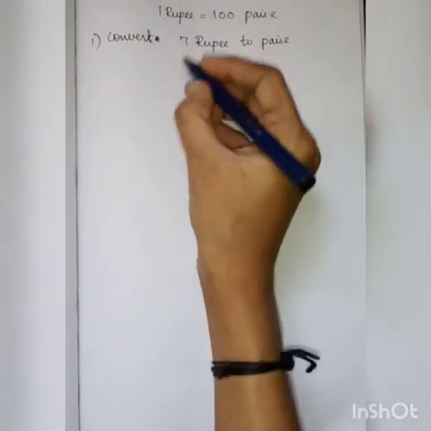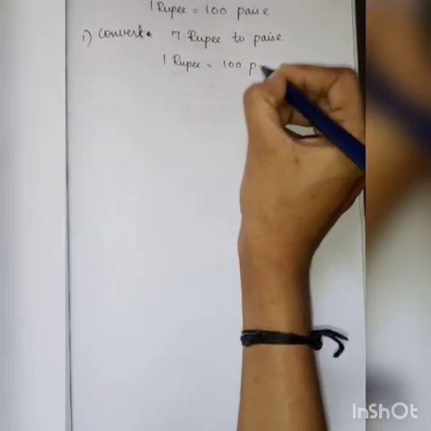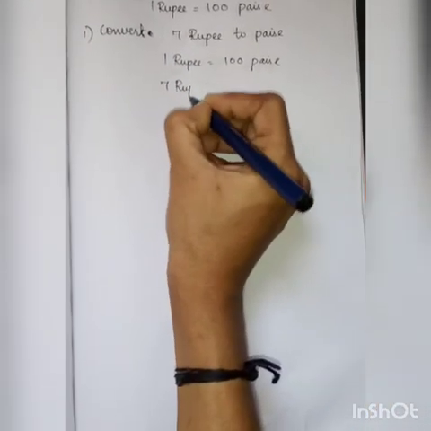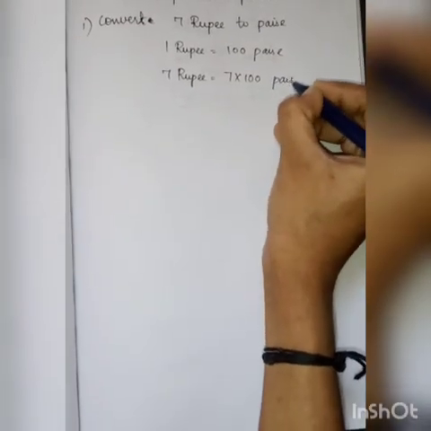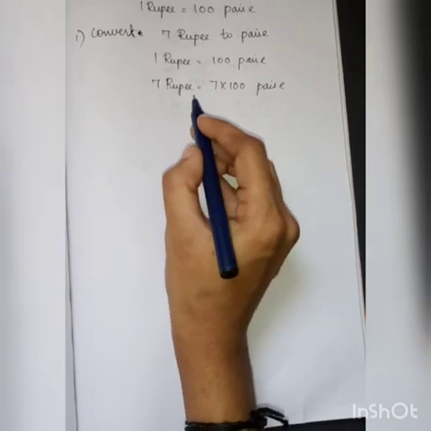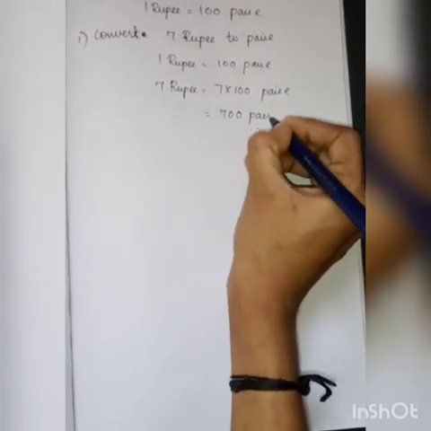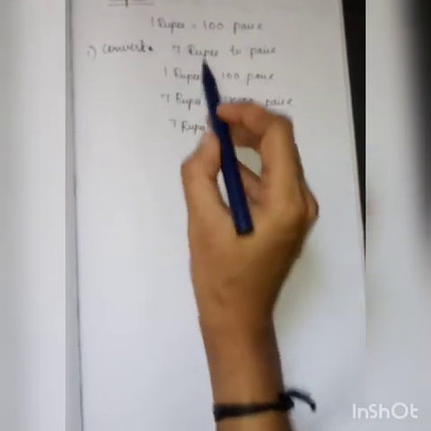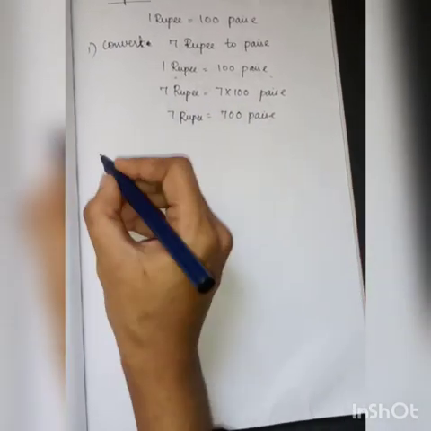What is the formula? 1 rupee equal to 100 pies, right? Therefore, 7 rupees equal to 7 into 100 pies. So, 700 pies. Understood?